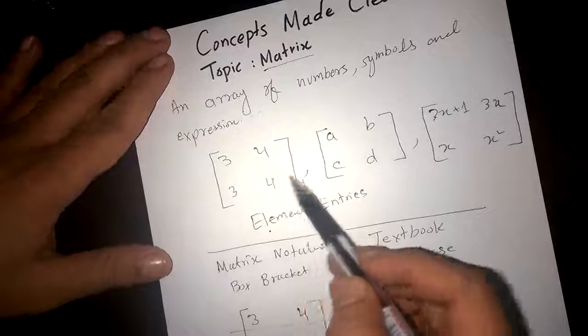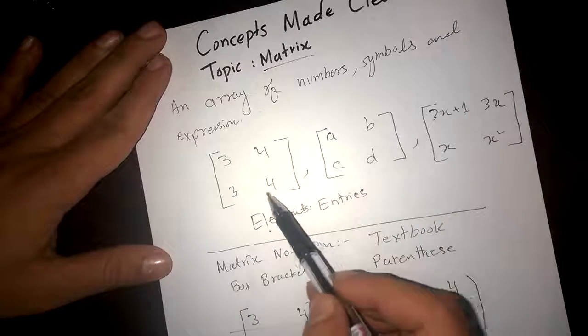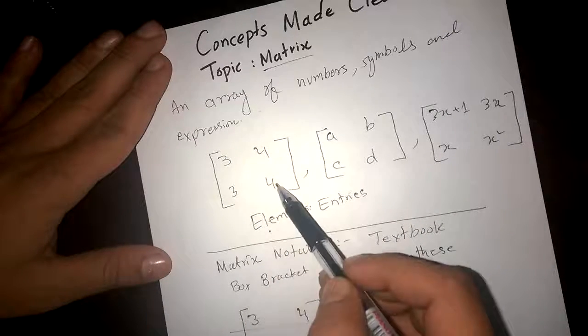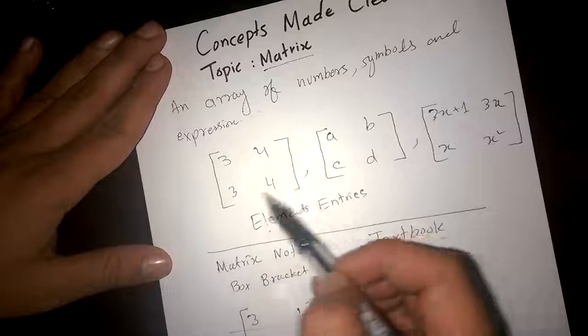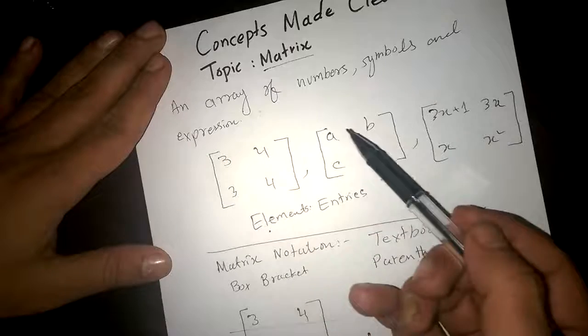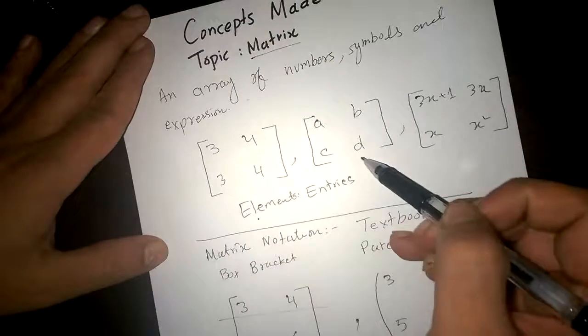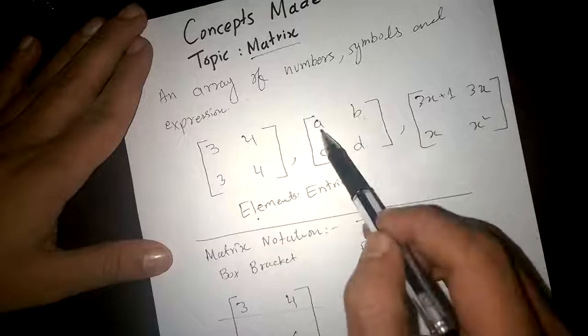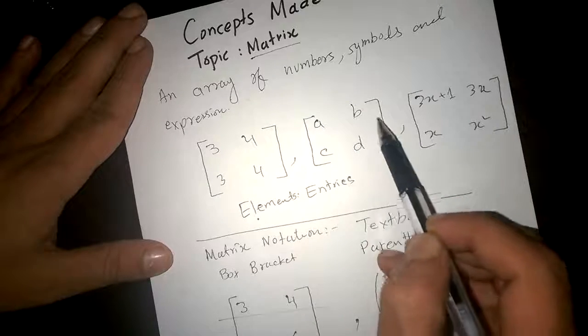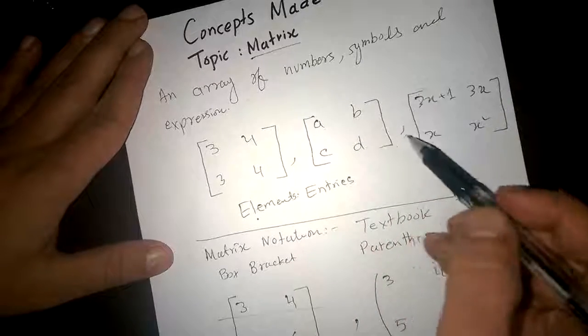For example, right here we've got a matrix. It's got numbers in it as its entries, so that becomes a matrix. Right here it doesn't have a number, but it's got some symbols in it and it is still a matrix.